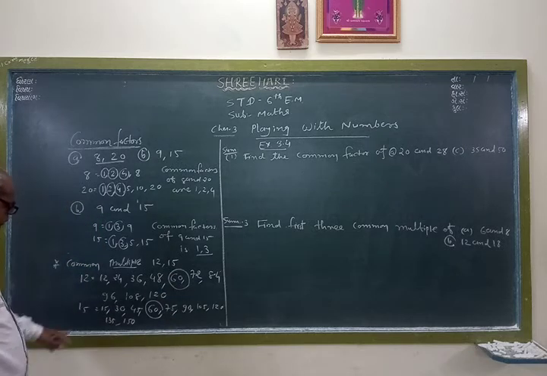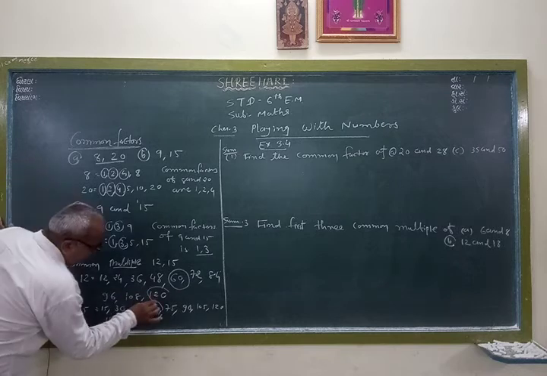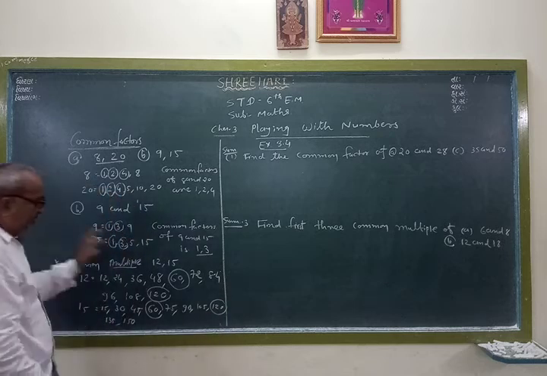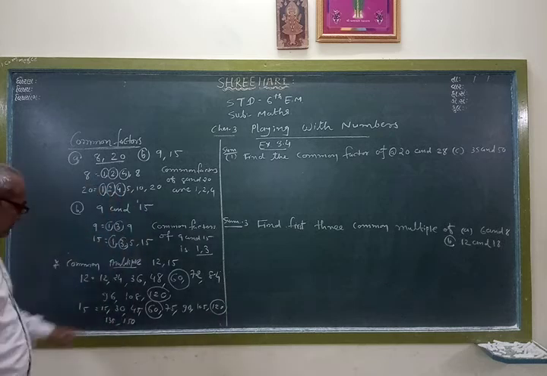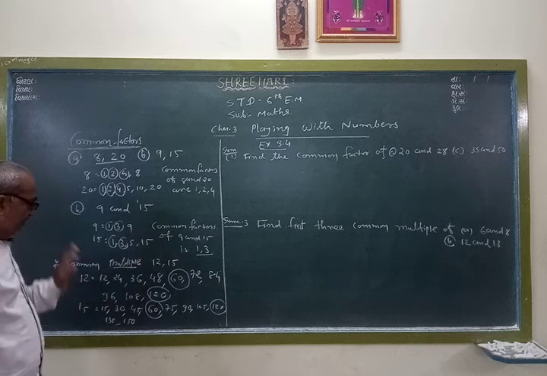Then 120. These both are common multiples of 12 and 15.